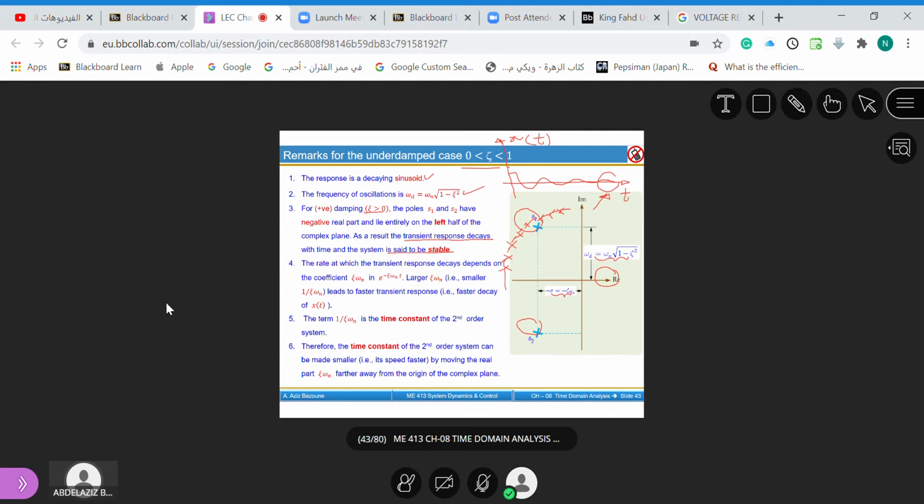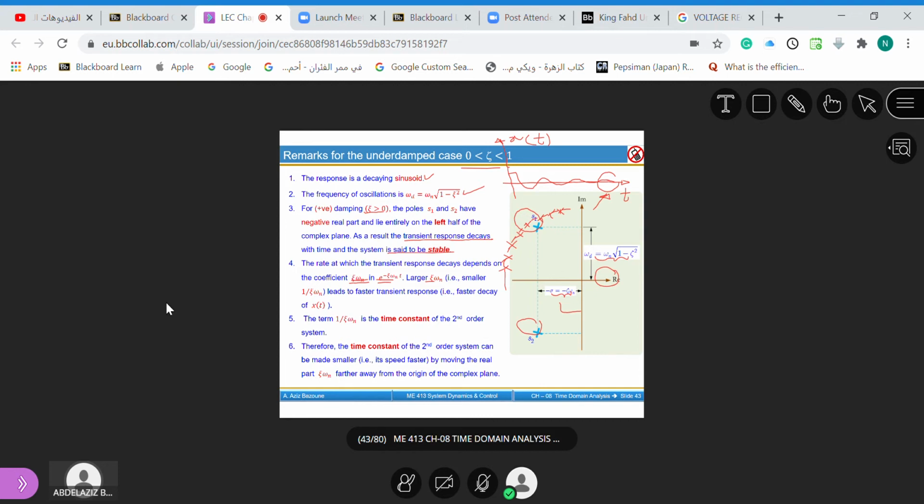Now, the rate at which the transient response decays depends on zeta omega n, as we mentioned, on the real part in exponential minus zeta omega n. A larger zeta omega n means a smaller 1 over zeta omega n, which leads to a faster response.